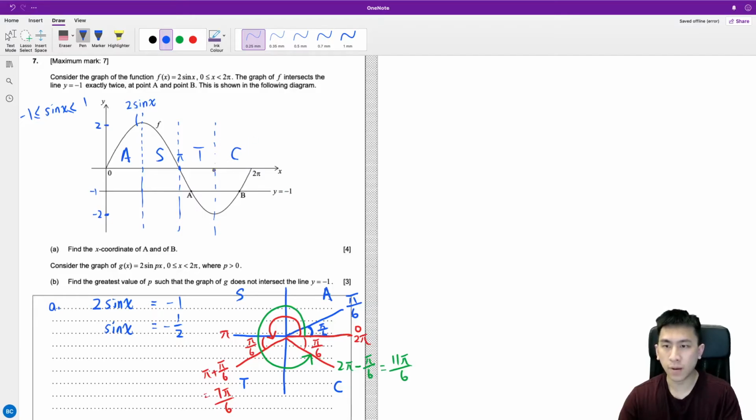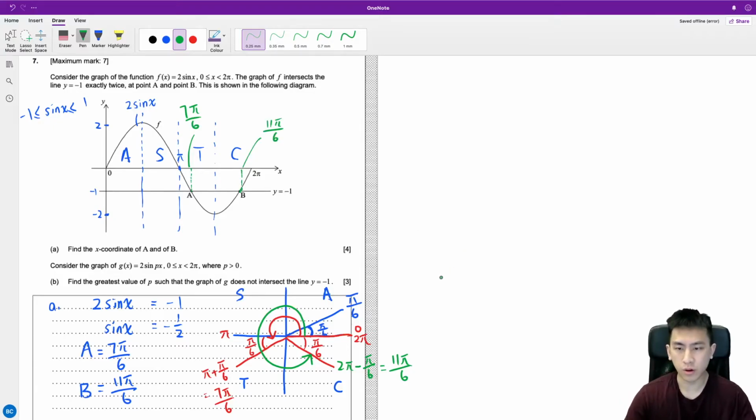So A would be 7 pi over 6, and B would be 11 pi over 6. Let me use green here. If you go all the way to A, it's quite hard to draw, this is 7 pi over 6, and at B here, this is 11 pi over 6. So that's how you would do your work.